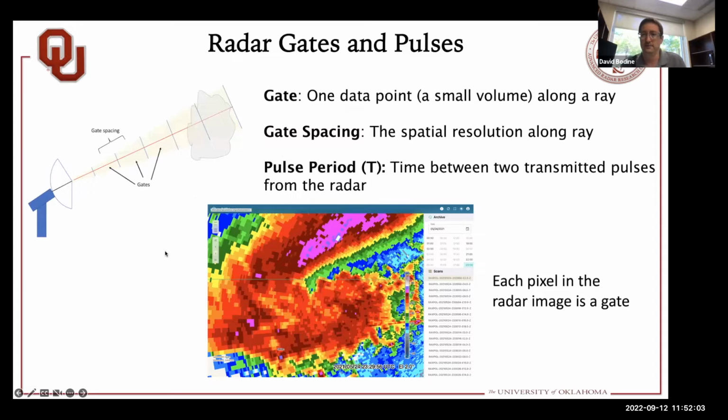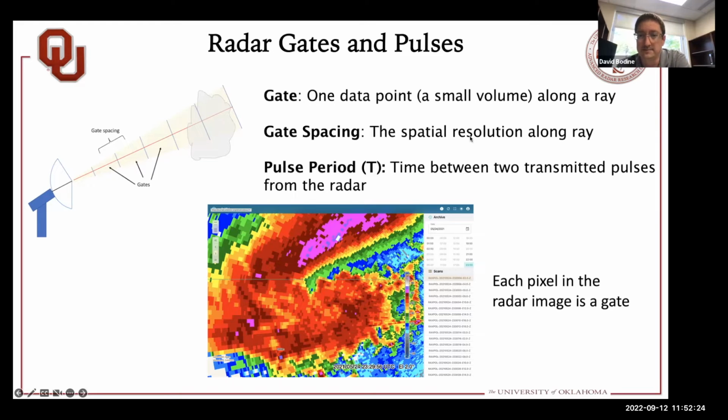Another important area of terminology is the radar range gate. Each of these little pixels here is a radar range gate. The radar divides up the data along the transmitted signal into individual gates, based on the length of a pulse.